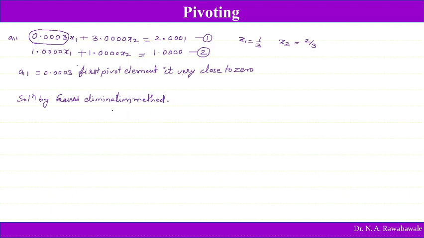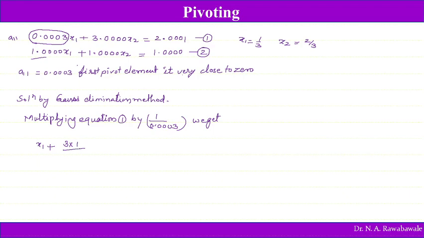Now let us see, multiplying the first equation by 1 and dividing it by 0.0003, that is 1 divided by 0.0003, we get a new equation as x1 plus 3 into 1 divided by 0.0003 x2.